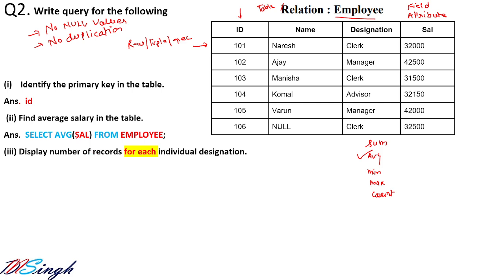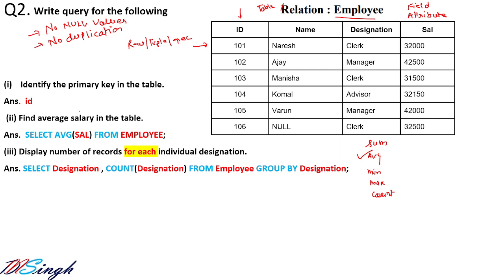So let us see the answer. We definitely are using the group by clause. Select designation and count of designation from employee, group by designation. Fine. So this is how we are going to approach this type of query, which has the words for each in that particular definition.